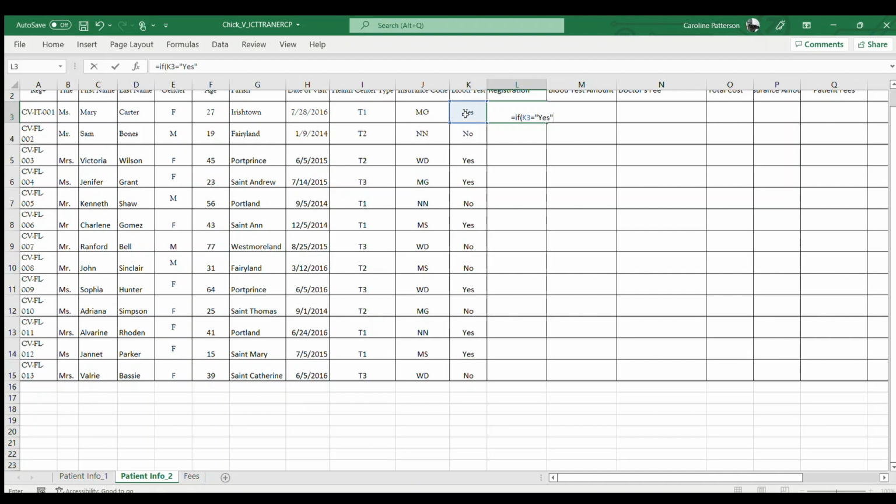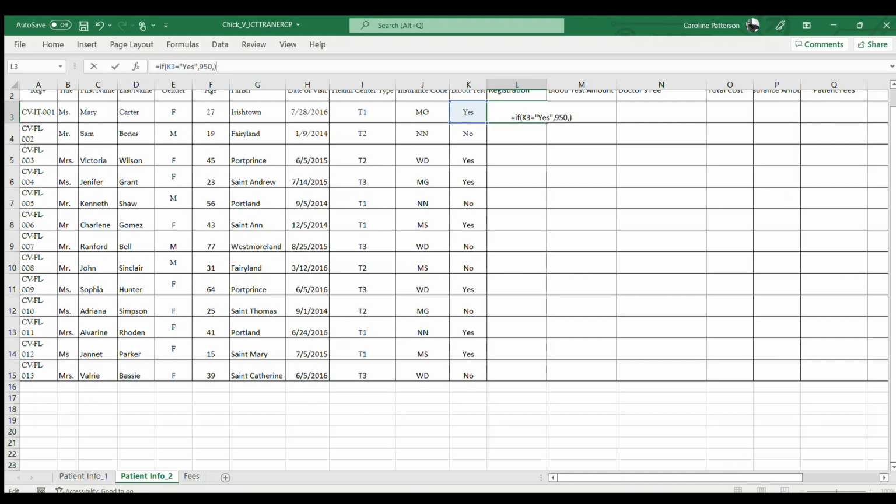So the condition is that the value in the cell is equal to yes, then of course the fee is going to be $950. If it's not yes, that means it's a no, then the person will pay $0. And that's how you're going to find out which patients actually are going to be charged a registration fee.